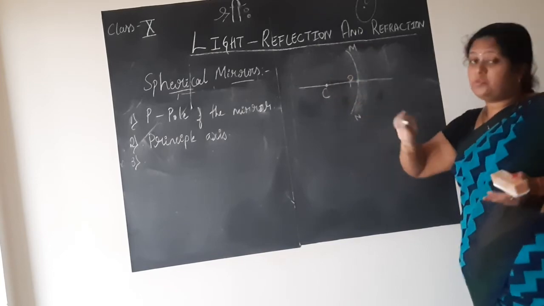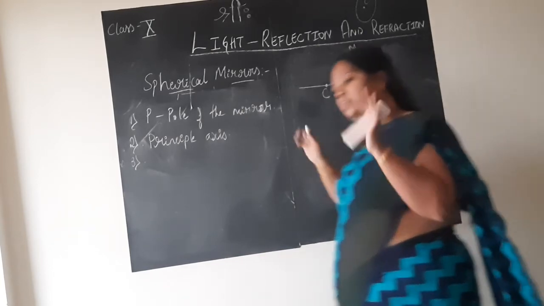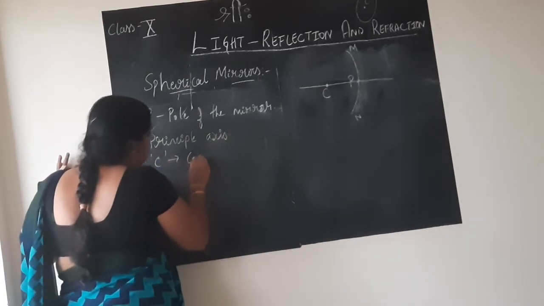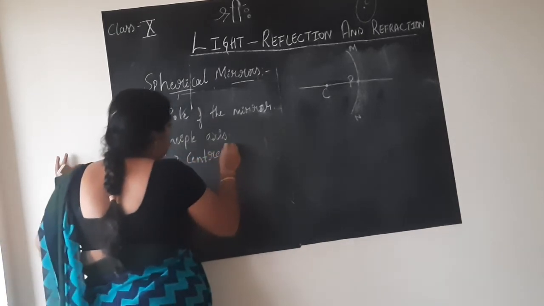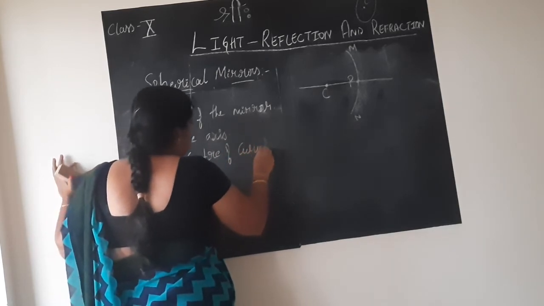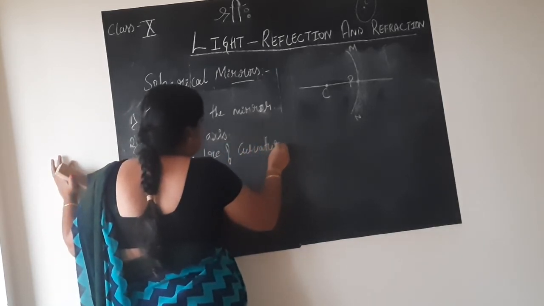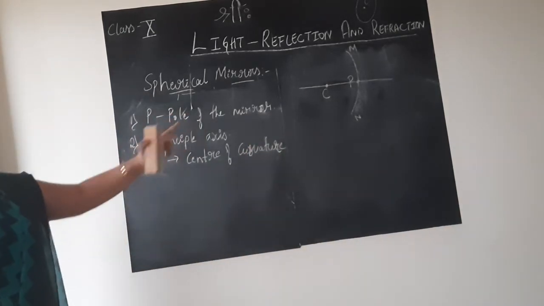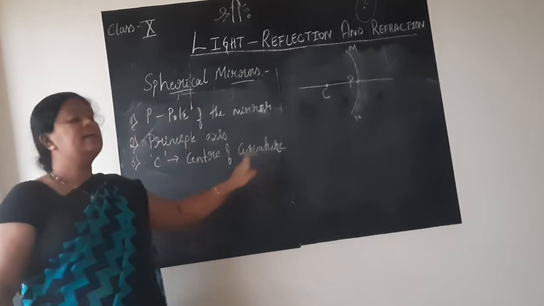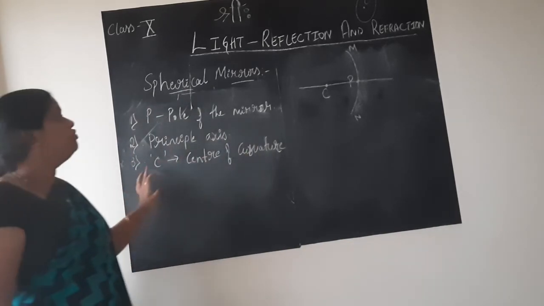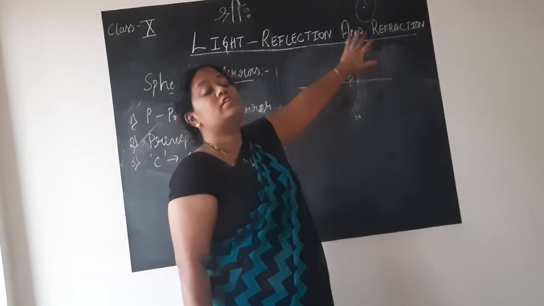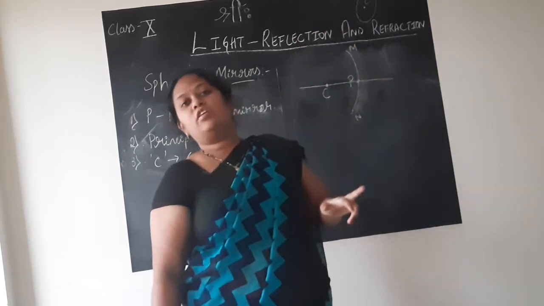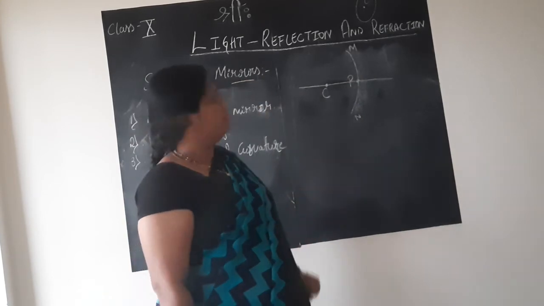This center C of the sphere is left as capital C, called the center of curvature. Don't get confused between the pole of the mirror and the center of curvature. Center of curvature C is the center of the whole sphere, whereas pole P is the center of the mirror only.